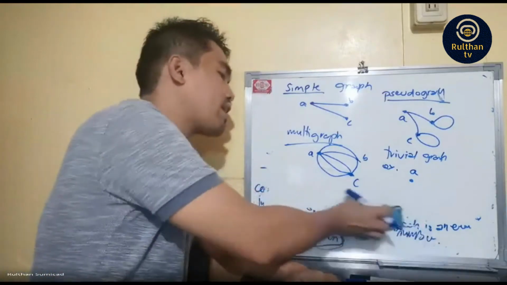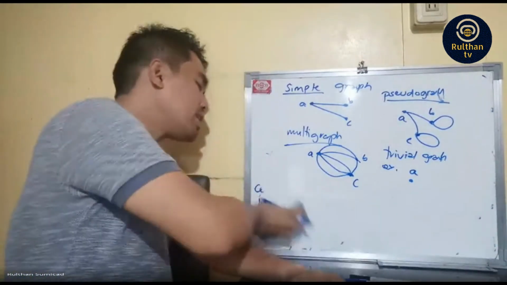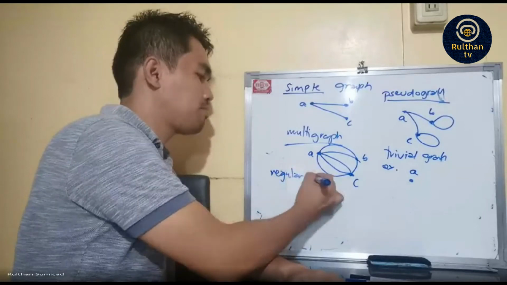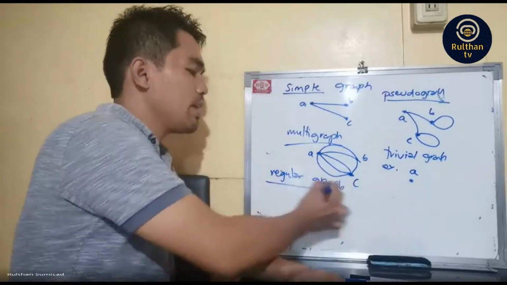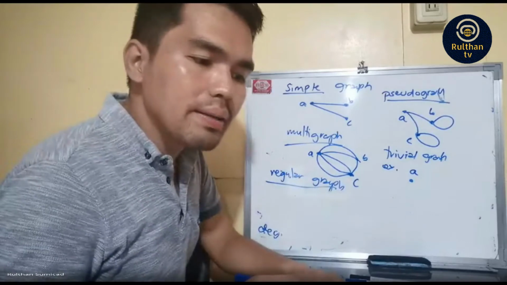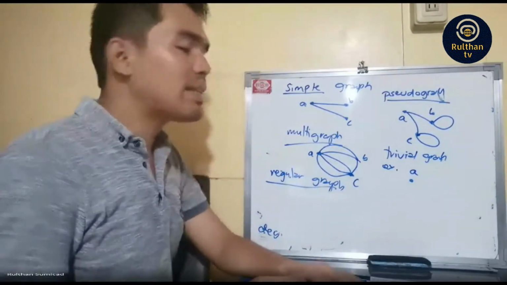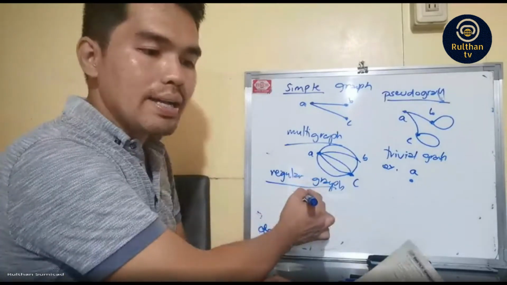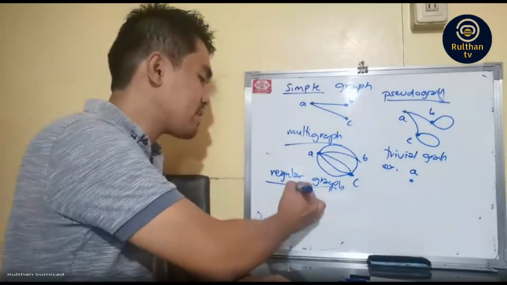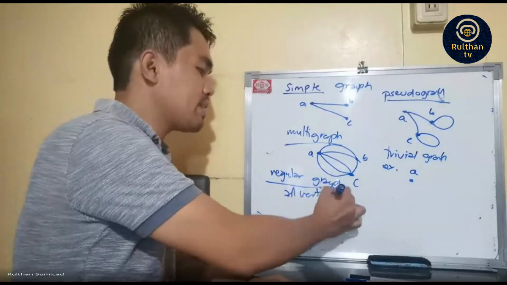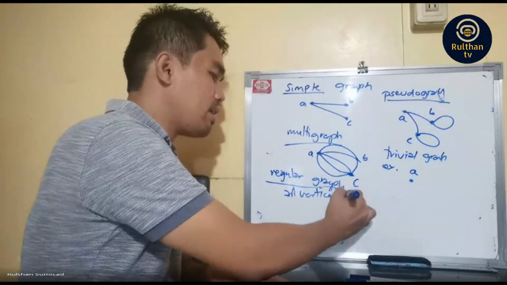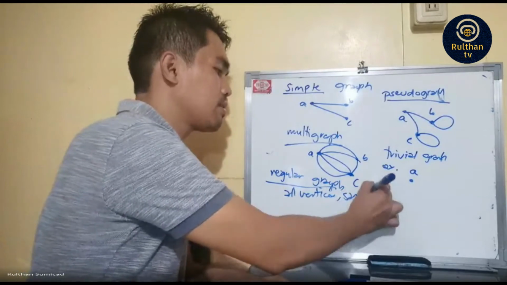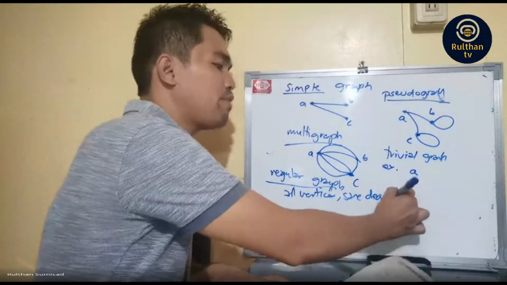What is a regular graph? A regular graph is a graph where all the vertices have the same degree. Do you follow?